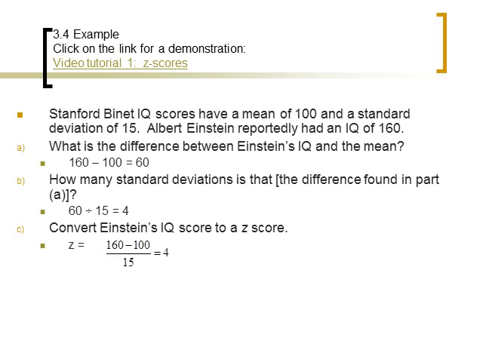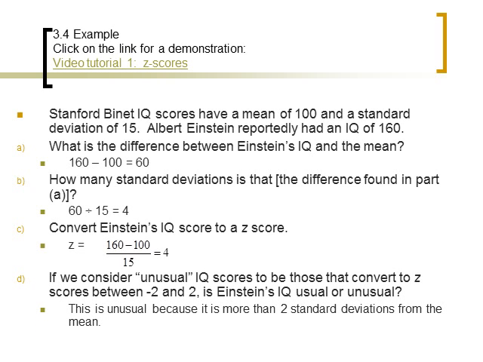Now let's also use the z-score formula that we just learned to convert Einstein's IQ score to a z-score. Remember that the z-score formula is x minus x bar divided by s, or 160 minus 100, the mean, divided by 15. So you end up with, again, 60 divided by 15, which equals 4.